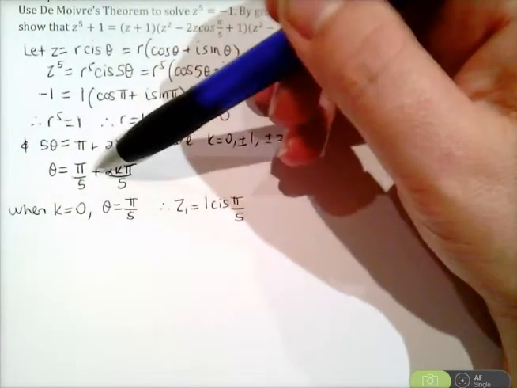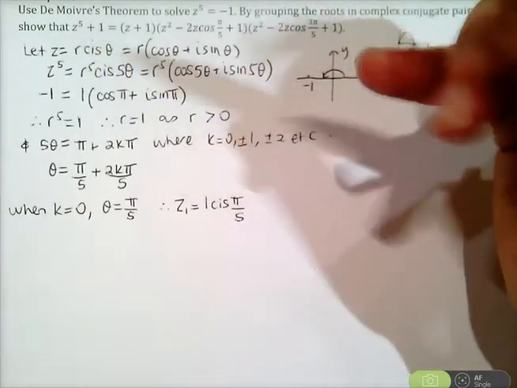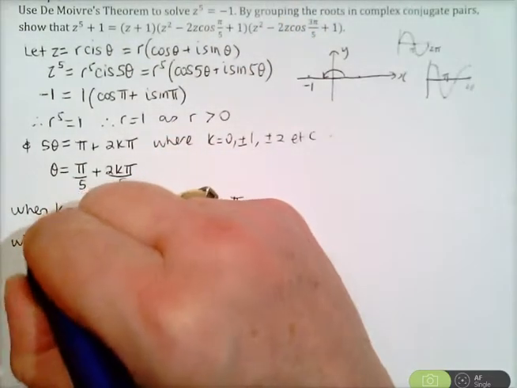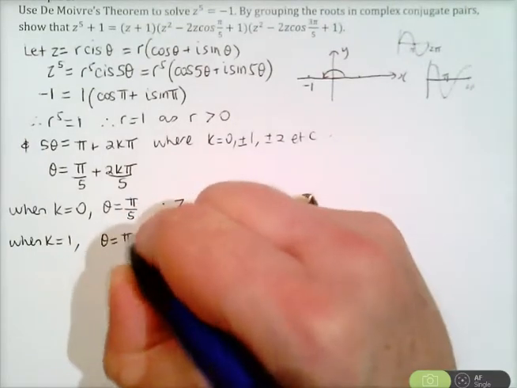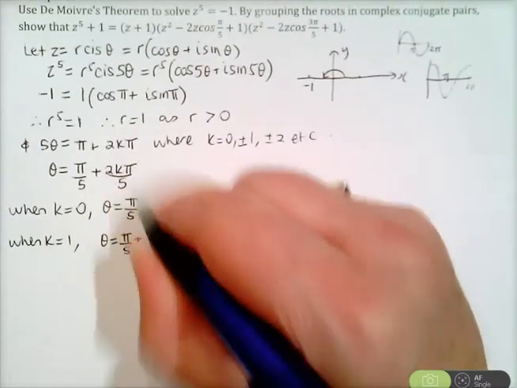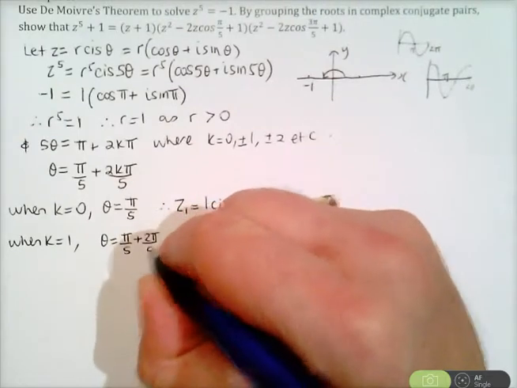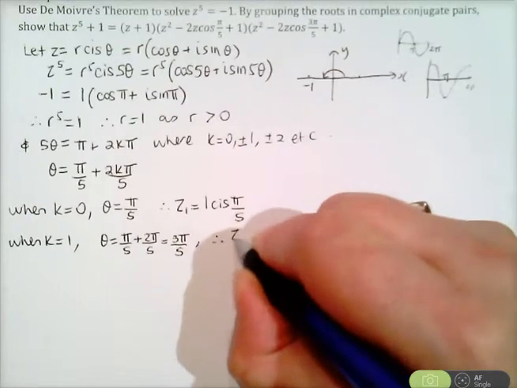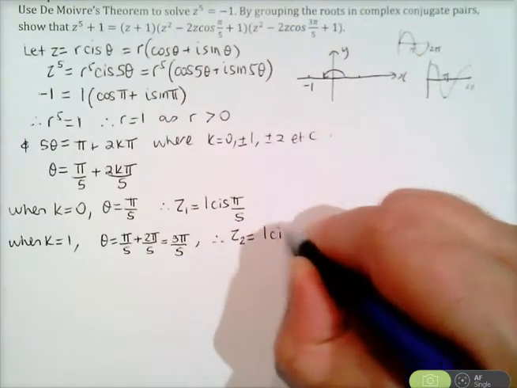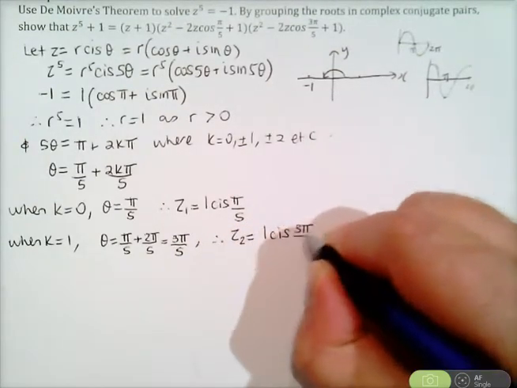So when k is 0, we've got 1 cis pi on 5. Okay, when k equals 1, we get that theta is pi on 5 plus 2 pi on 5, which is 3 pi on 5, and so therefore z2, our second root, is 1 cis 3 pi on 5.